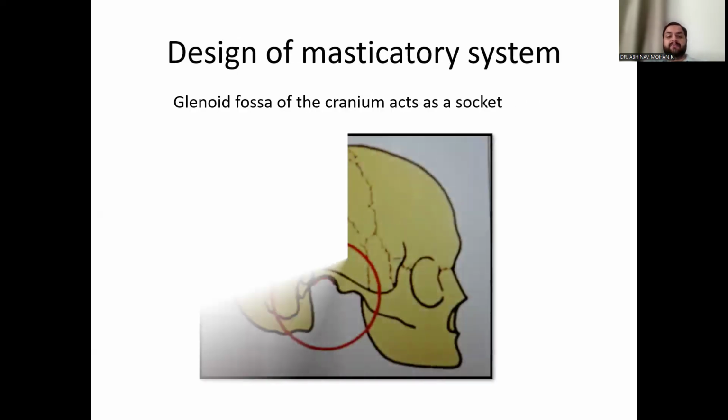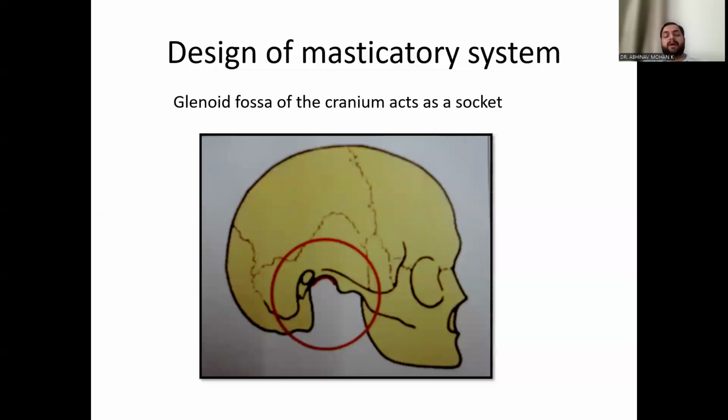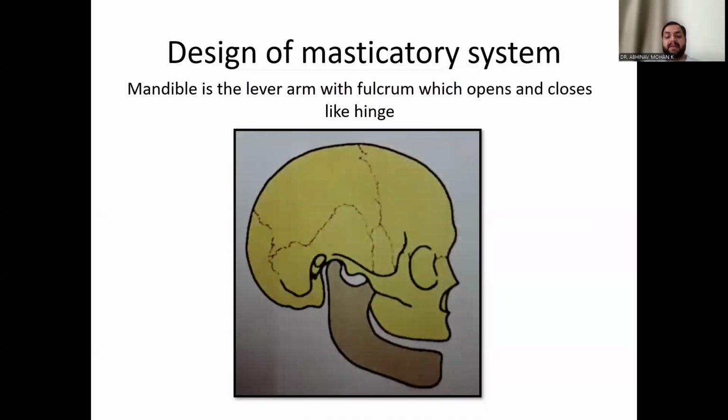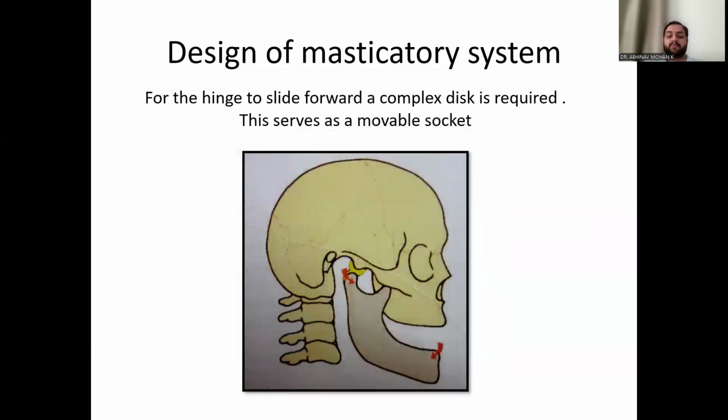For that, you need to know about your temporomandibular joint, where you have the glenoid fossa of the cranium, which acts as a socket for your joint, into which your mandible is placed, which acts as a lever arm with the fulcrum, which opens and closes like a hinge. For your hinge to open and close, you need a complex disc, which is the only way for that mandible to come out of the joint and move.